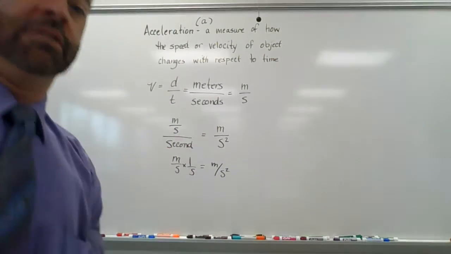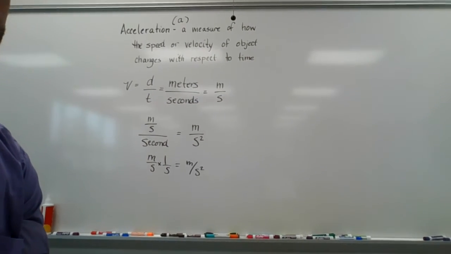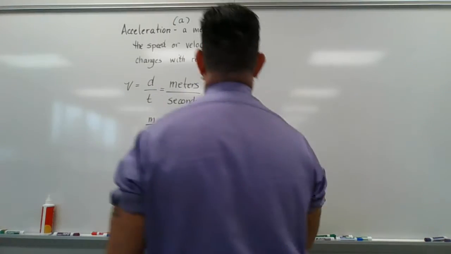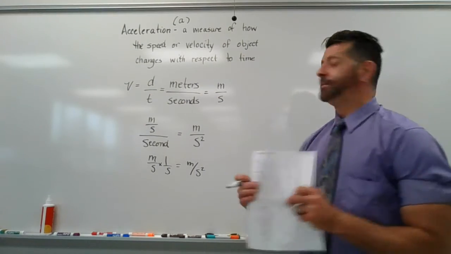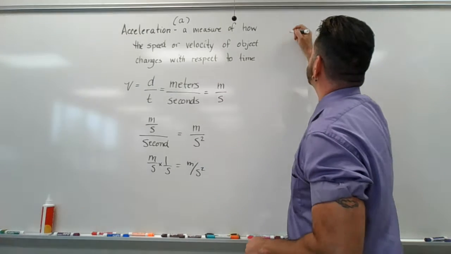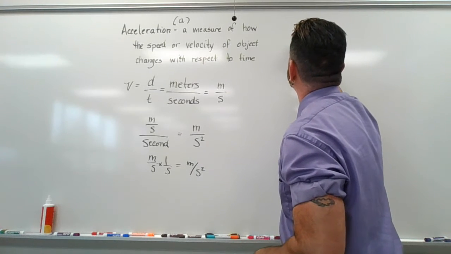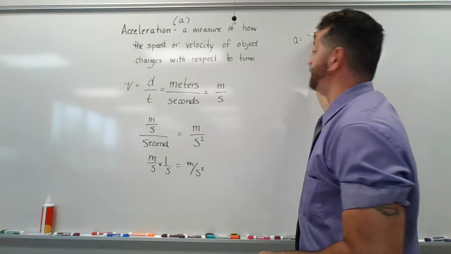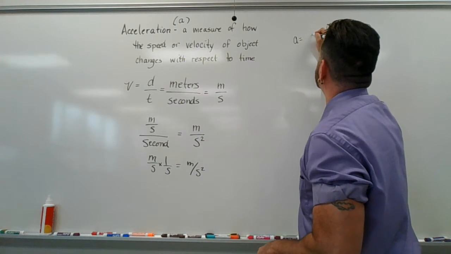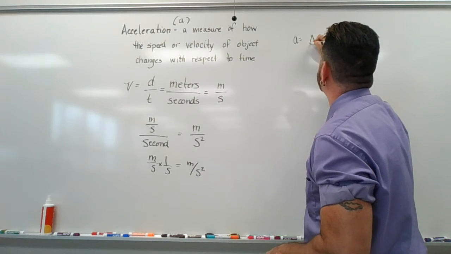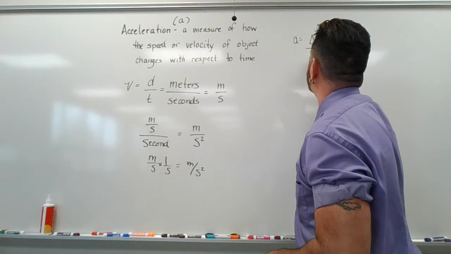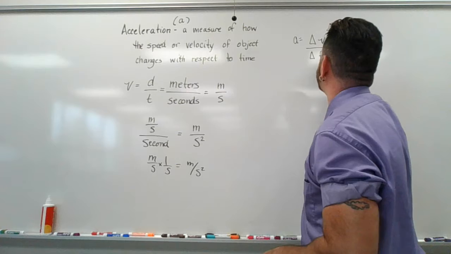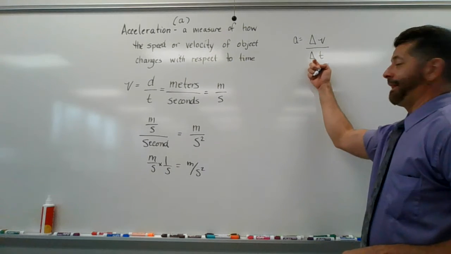So follow along now. The formula, I had to grab the notes. The formula for calculating acceleration is acceleration, lowercase a, is equal to the change, delta v, over the change in time, or delta t. Can you see this okay?